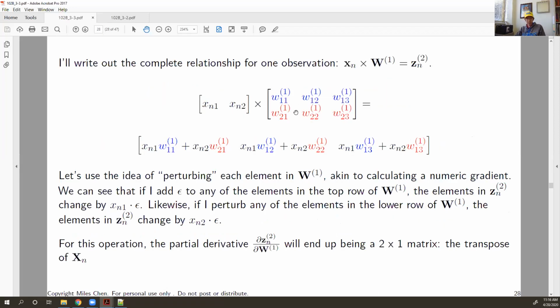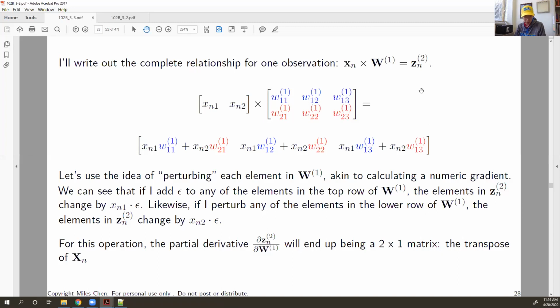I've tried to color code these things. These are my 6 elements in W, and this is my one row in X. My one row in X multiplied by this 2 by 3 matrix results in this one row in Z. So I've got a 1 by 2 matrix here, and a 1 by 3. There are 3 terms here: the first term, the middle term, and the third term.